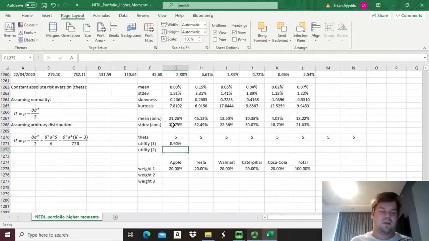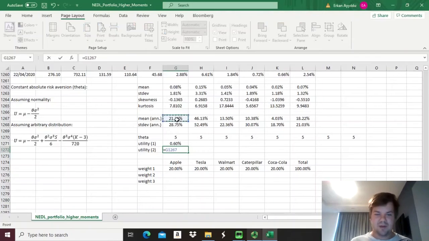And for the utility function for the higher moments, we'll need to also add the skewness and kurtosis terms. What is nice in that case is that skewness and kurtosis do not depend on the frequency. So the skewness of a daily return distribution would be exactly the same as the skewness or kurtosis, in that matter, for an annual return distribution. So we do not need to annualize those.